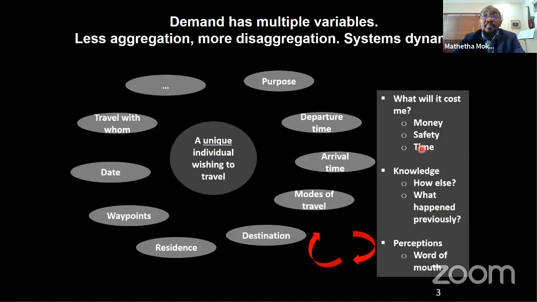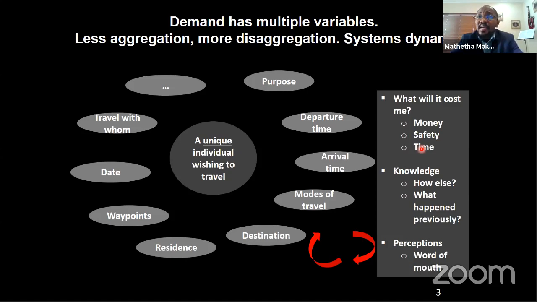All right. I think a departure point is to appreciate that demand in public transport, in mobility generally, has a lot of variables. Everything is a variable. The purpose why you travel is a variable, it changes.